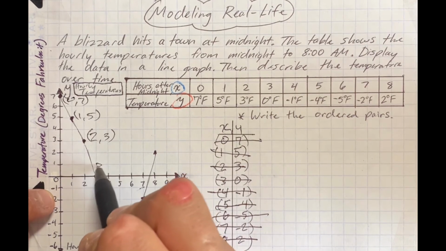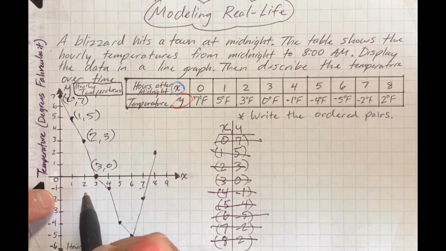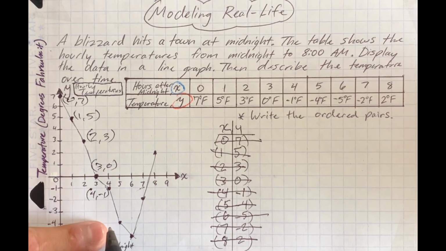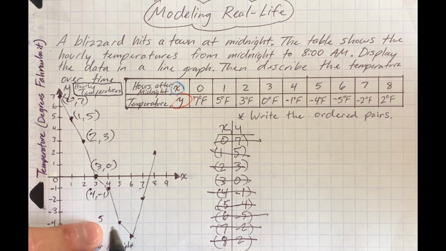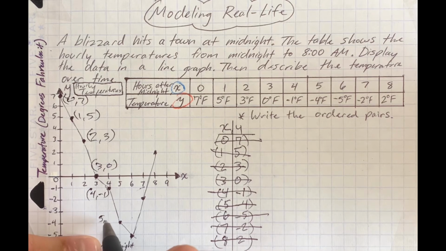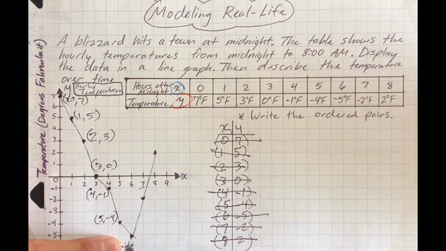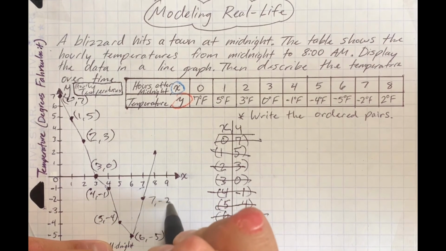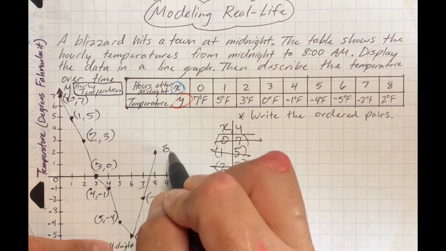This one's 3 and 0. This ordered pair is 4 and -1. This one's 5 and -4. This one is 6 and -5. Then we have 7 and -2. And lastly, 8 and +2.